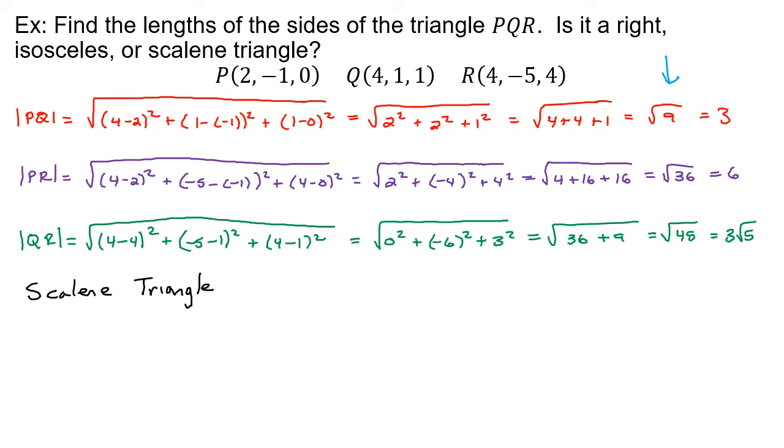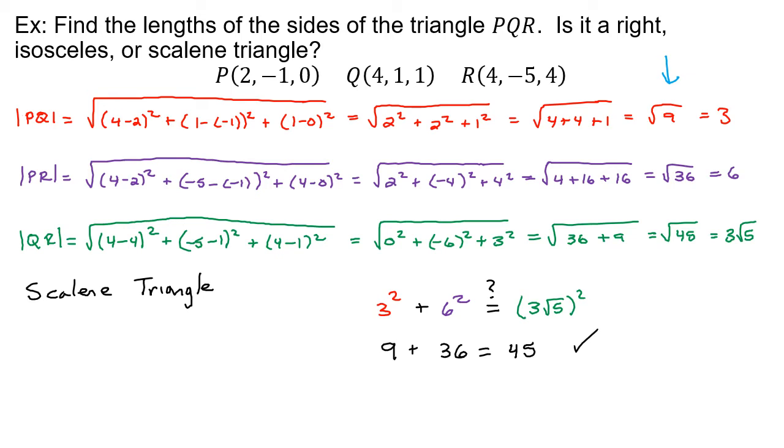But if you don't notice that, if I did 3 squared plus 6 squared, does that equal 3 root 5 squared? And you could type it in the calculator if you wanted to. 3 squared is 9, 6 squared is 36, and 3 root 5 squared would be 45. So 9 plus 36 actually is 45, yes.